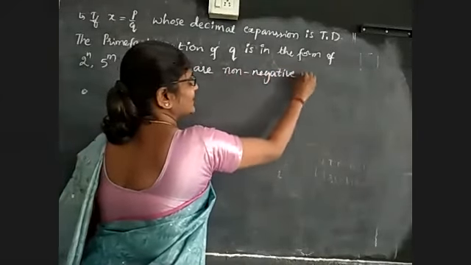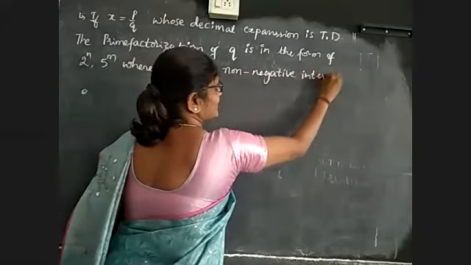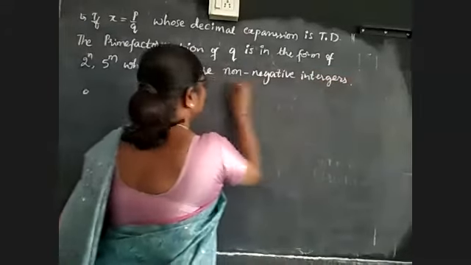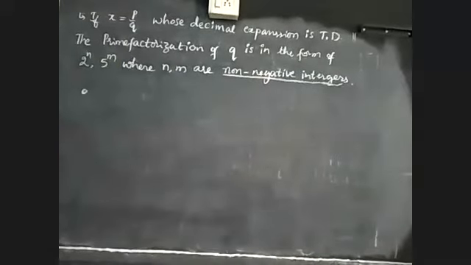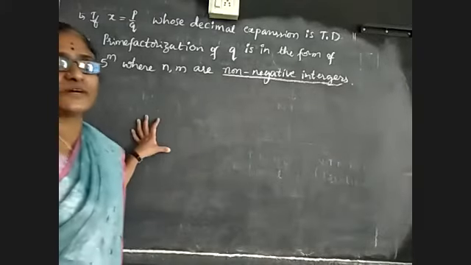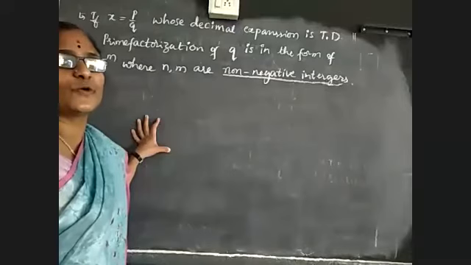Try to understand here: non-negative integers means all positive integers including 0.